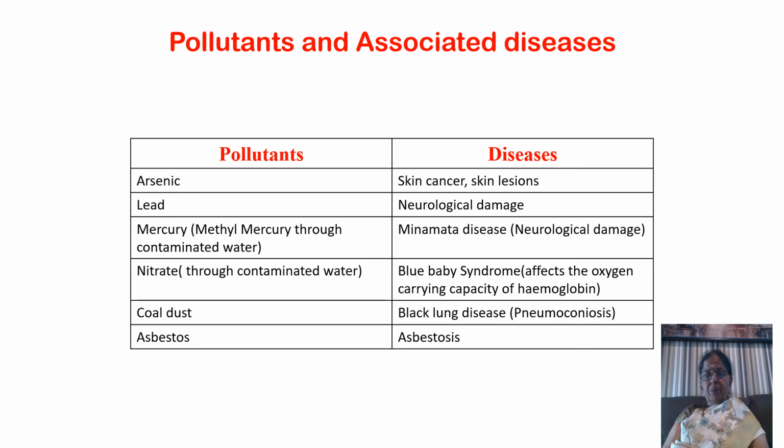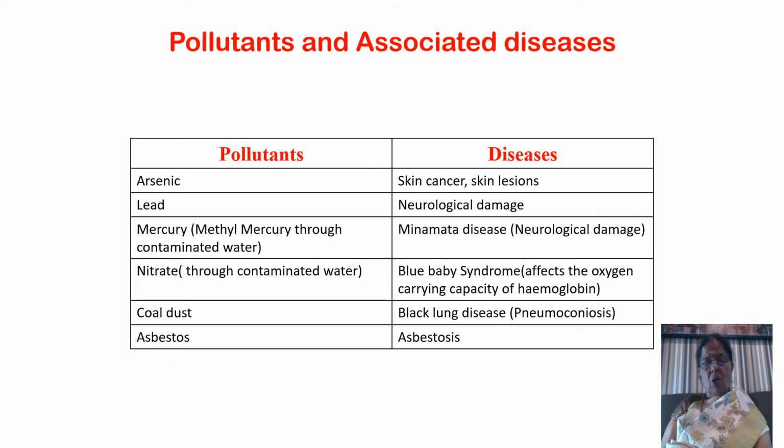The metal lead causes neurological damage; it affects the nervous system. Mercury is usually present in contaminated water in the form of methyl mercury, and it causes Minamata disease, which is again a neurological damage. Minamata is the name of a place in Japan.